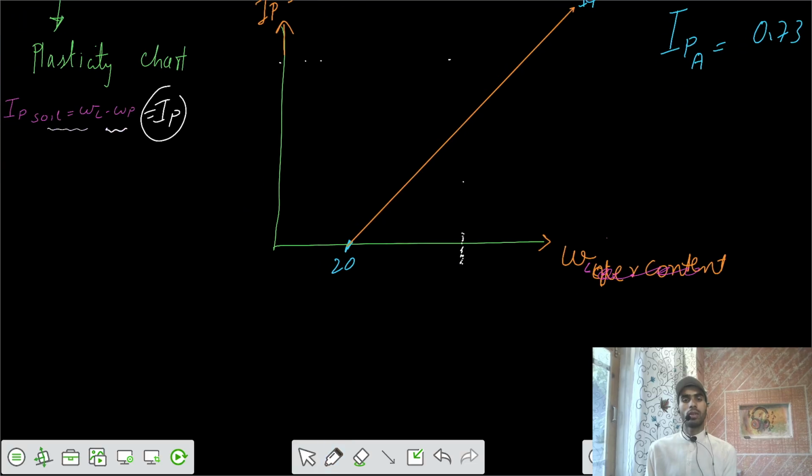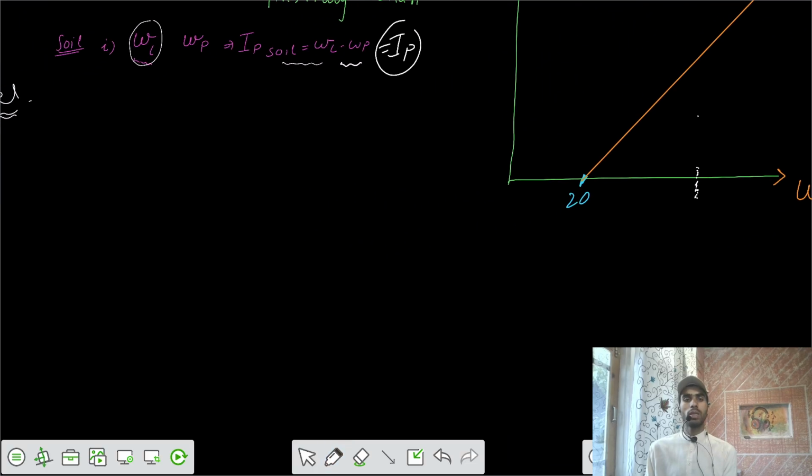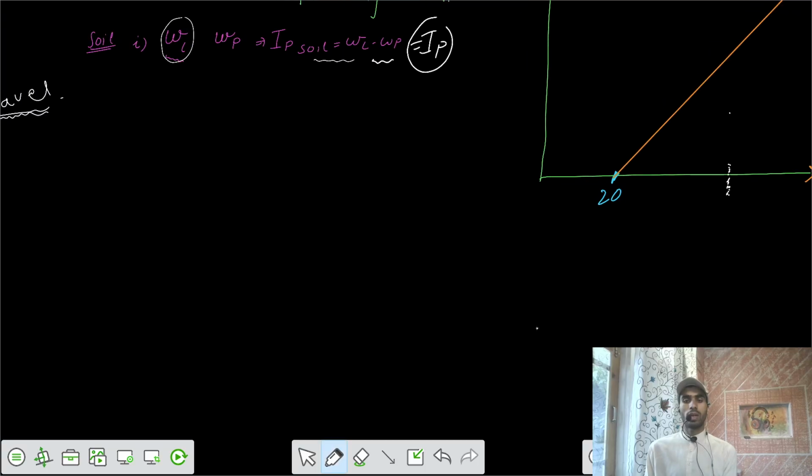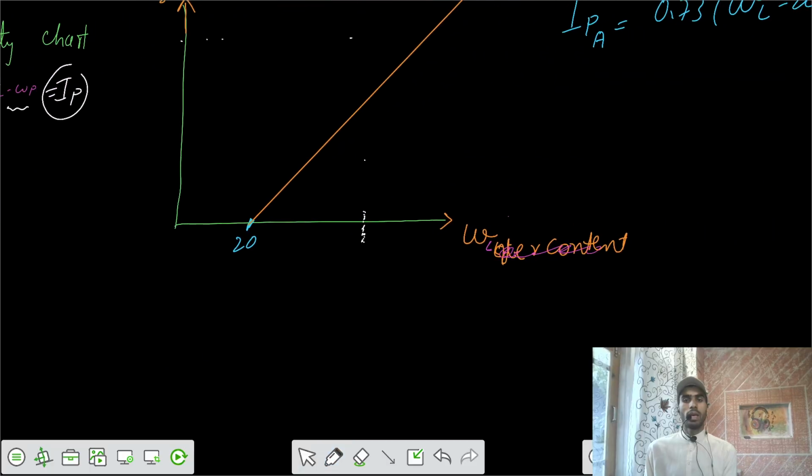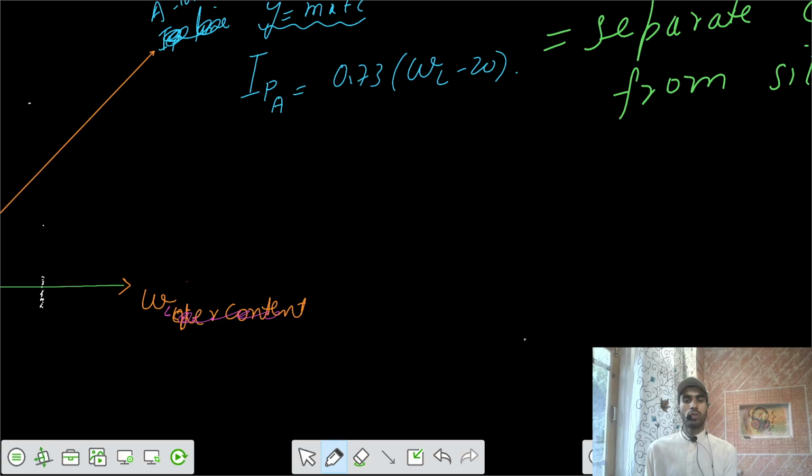So for that we have two different possibilities. The first possibility is that the IP of the soil is greater than the IP of the A line, that is the equation of the IP. You substitute the liquid limit of that particular soil here, and you would get that value of IP of the A line.